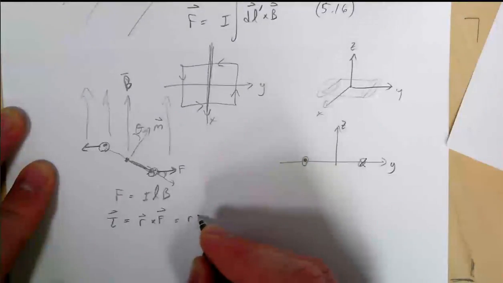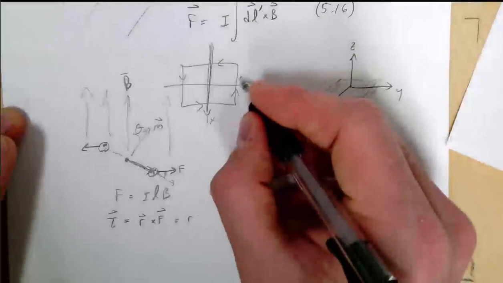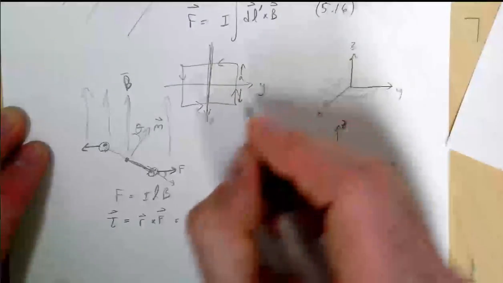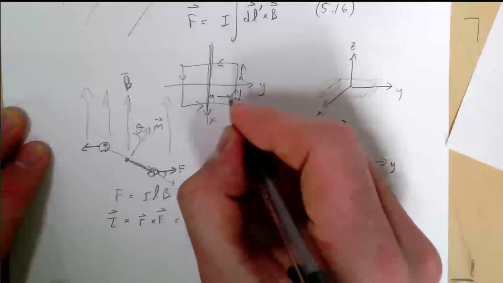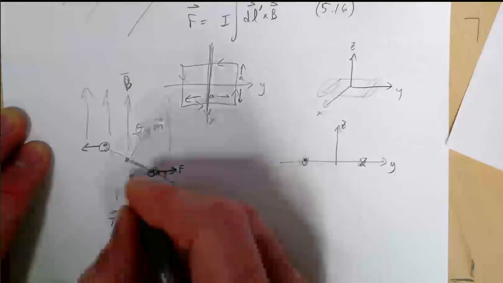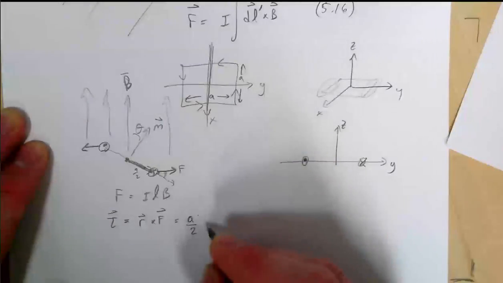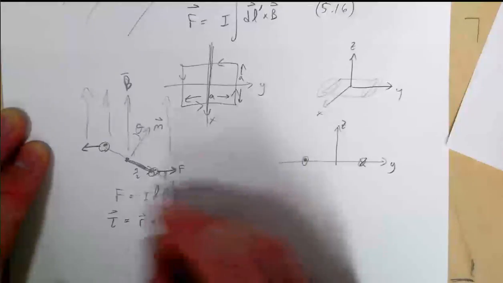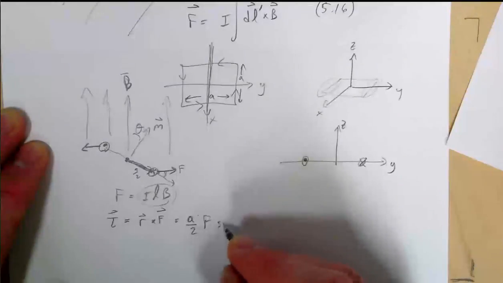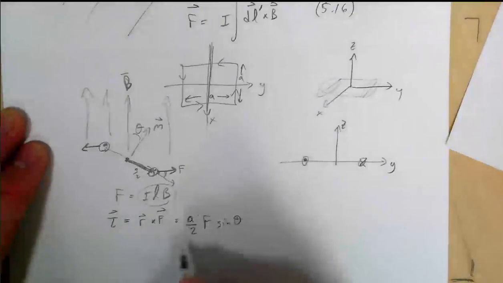So if this is a square loop with sides of length A, then this is A over 2 times my force, which I can calculate as ILB, times the sine of the angle between them. So that would be one way to compute this.